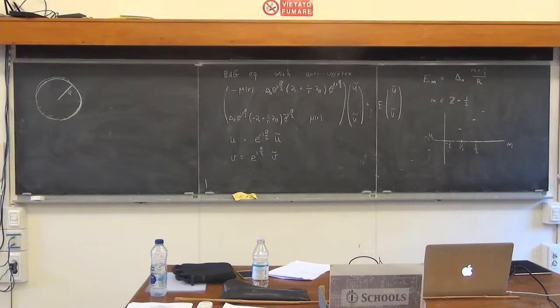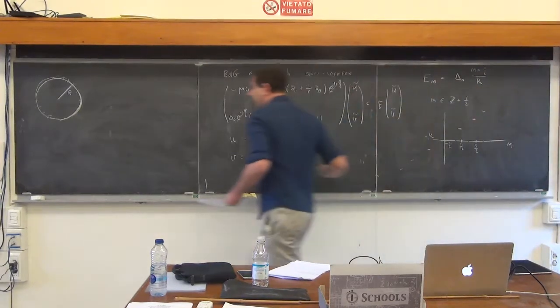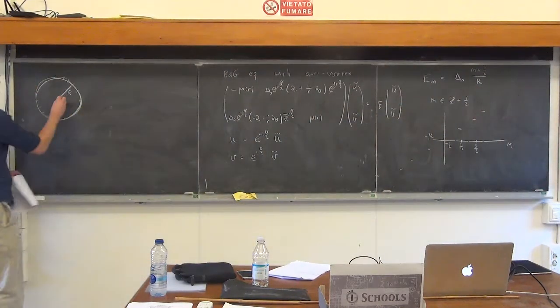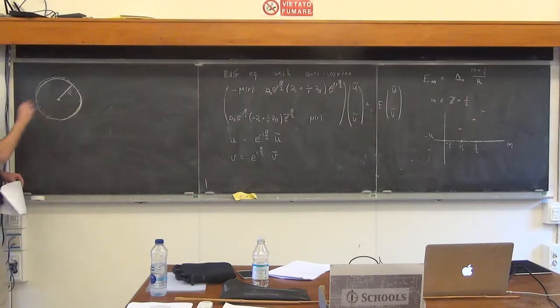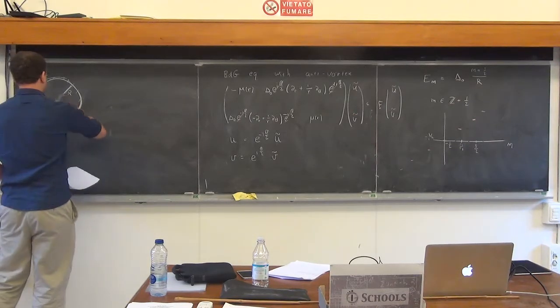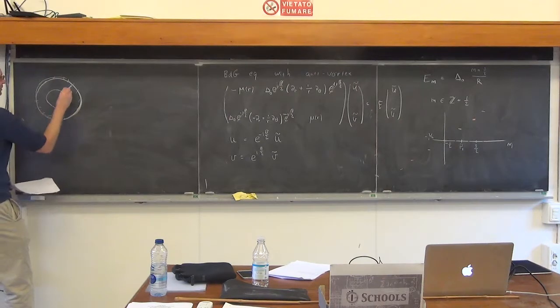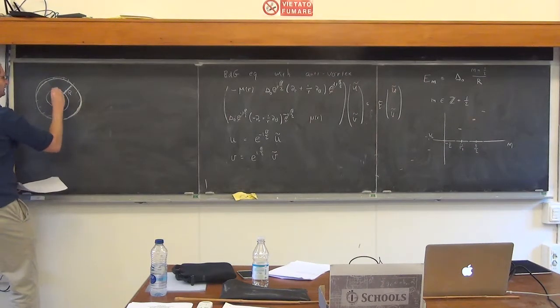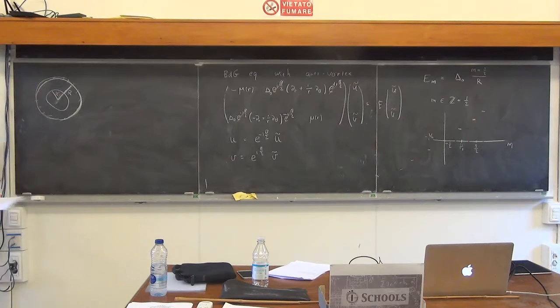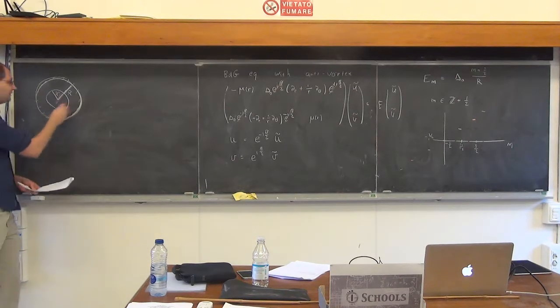Another way to see that there actually has to be another zero energy state is to say, as was mentioned before, our treatment has to break down somewhere close to the origin. So let's fix that. Instead of a disk, let's think about an annulus. This is R, and there's an inner radius R prime. So now there's actually another boundary.